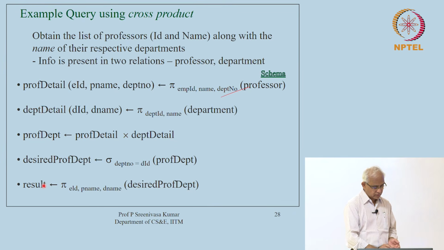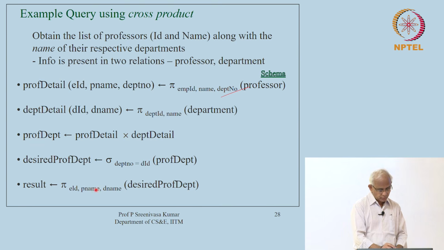That is how we will get the result. Now, this style of writing a query is desirable, because we are able to organize our thinking and produce meaningful names for the intermediate relations, and then finally produce one relational algebra expression.